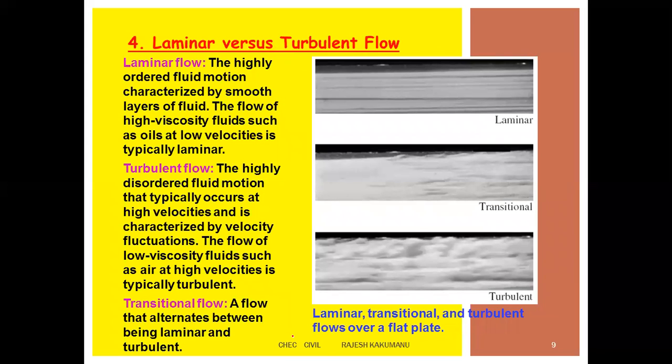Next, the fourth one is laminar versus turbulent flow. We already discussed the types of laminar and turbulent flows in unit 3. In laminar flow, you know that a Reynolds number less than 2000 is called laminar flow, and a Reynolds number more than 4000 is called turbulent flow.